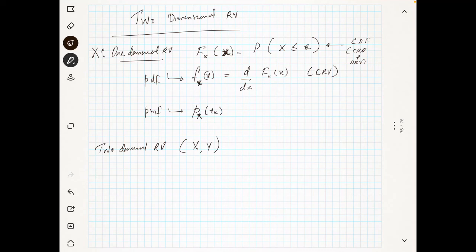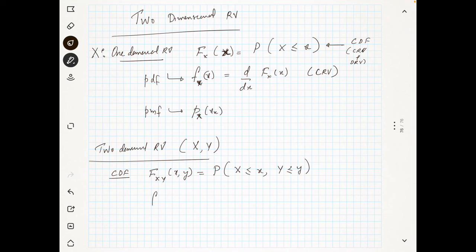Then we can define the cumulative distribution function as Fxy of x, y, which is the probability that X takes a value less than or equal to x and Y takes a value less than or equal to y. It's very easy, you are just extending to two-dimensional random variables. This can be extended to three-dimensional random variables also.